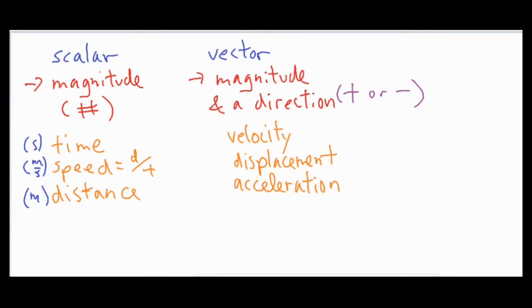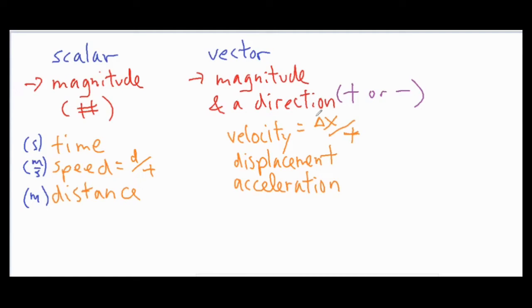Those ones are all more descriptive values, and those can all be positive or negative, which are just going to tell you a little something about its direction. So is it going to the right or is it going to the left? Is it going up or is it going down? Is it speeding up? Is it slowing down? And then the formula for velocity is displacement, which is shown as a delta x, the change in position, over time.